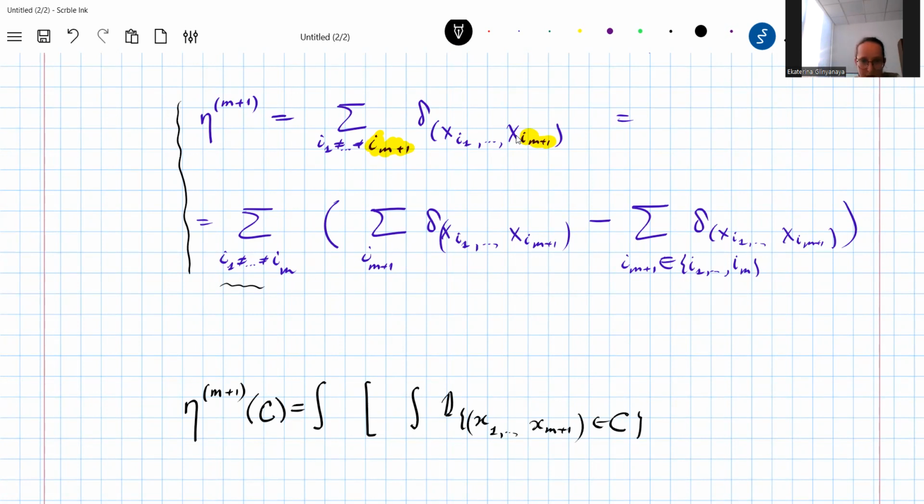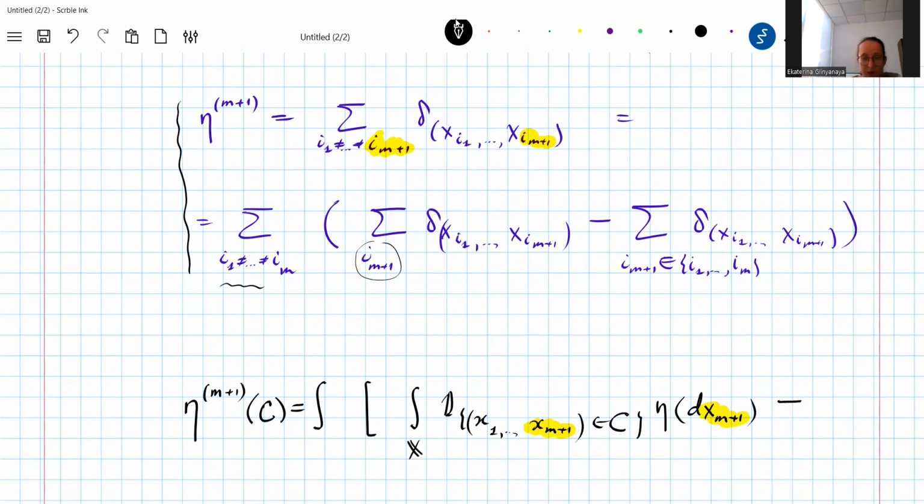So since this is a summation over one index, this means that here in the integral I will integrate over a one-dimensional measure dx_(m plus 1), just with respect to the last index. So here we can write over x.